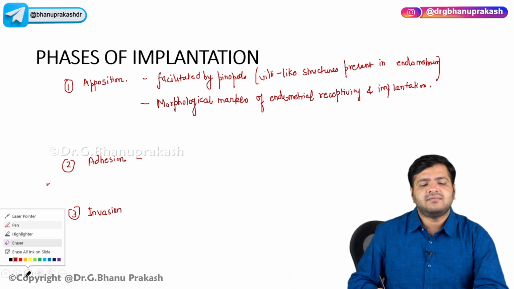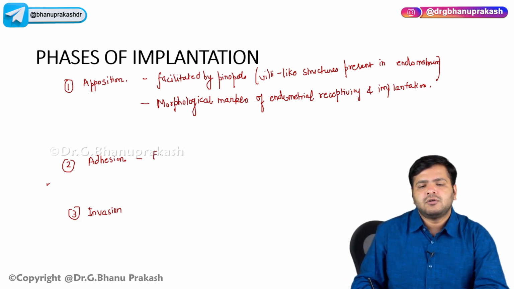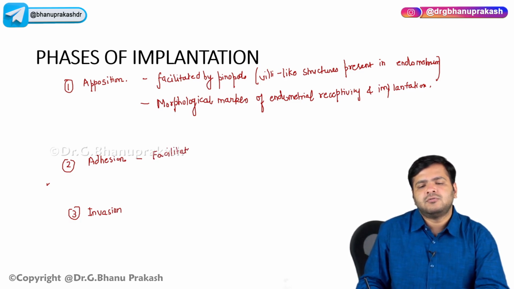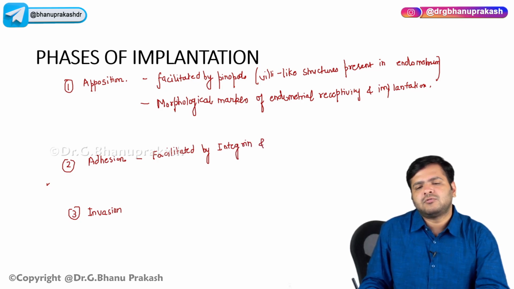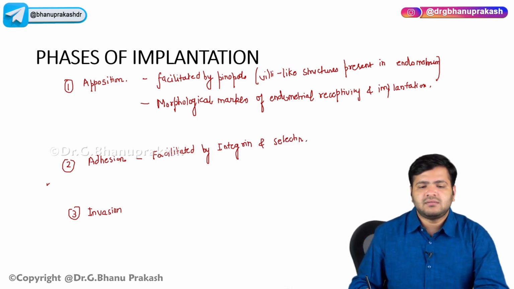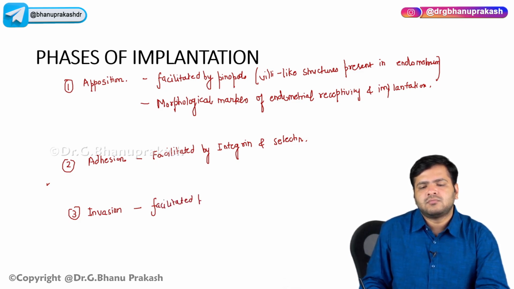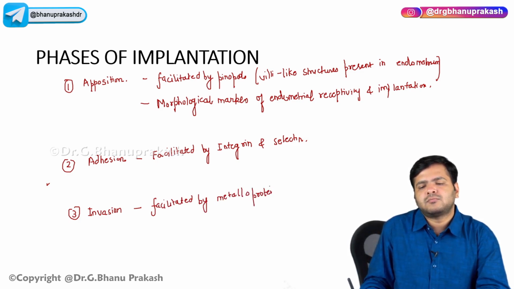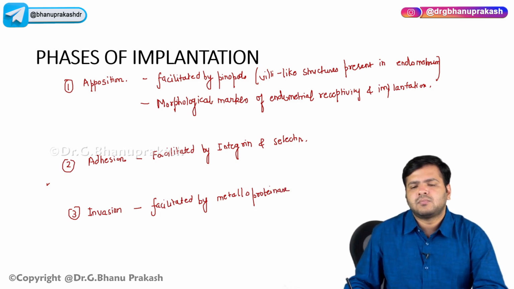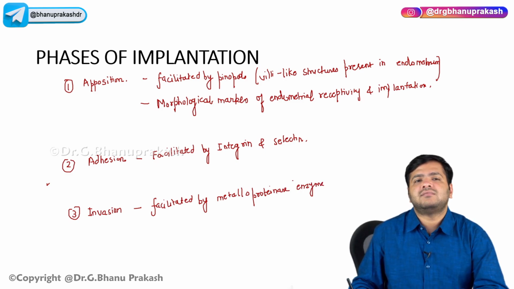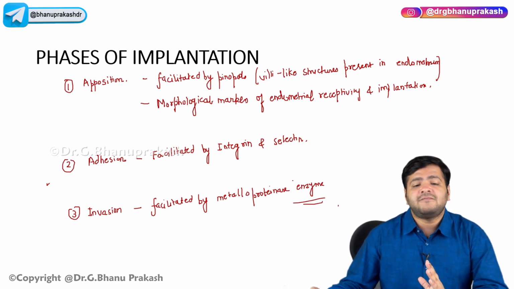It is facilitated by integrin and selectin, right? And invasion means it is invading, and it is facilitated by metalloproteinase enzyme, right? So that was about the phases of implantation: apposition, adhesion and invasion.